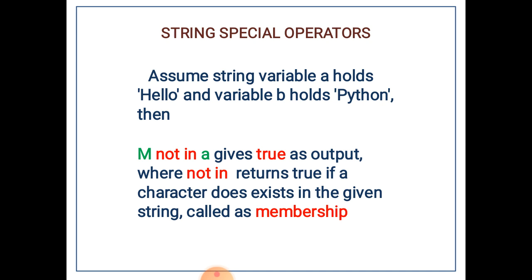This is also called the membership operator. This gives true when the specified character is not there in the string. Observe the example: M not in A is true because M does not exist in the string hello.